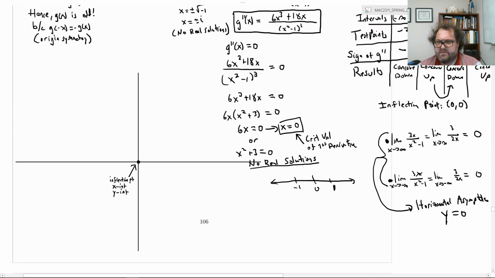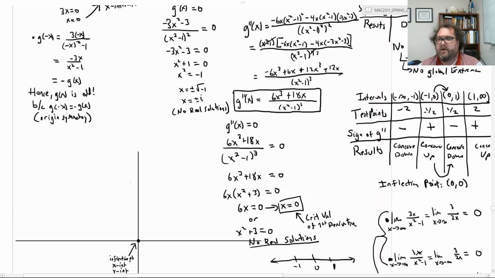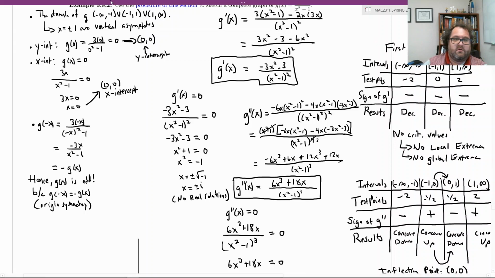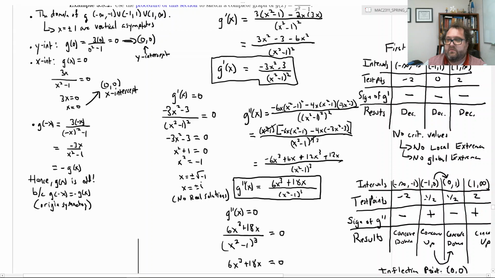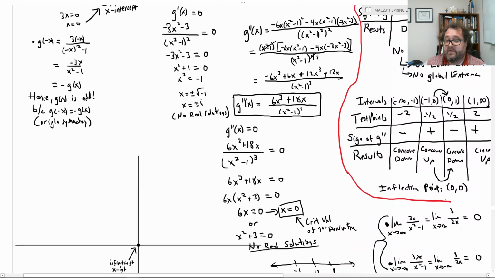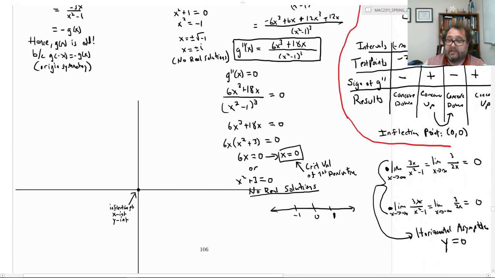Do we have any other points? Okay, we had no extrema. So just going over here, if we want to just kind of box off our important stuff, we had the first derivative and the second derivative. That's our really important stuff. And then our limits are also really important.